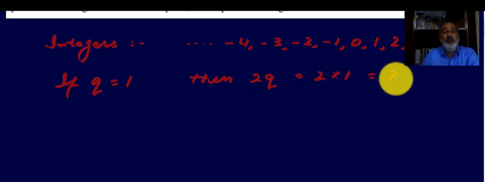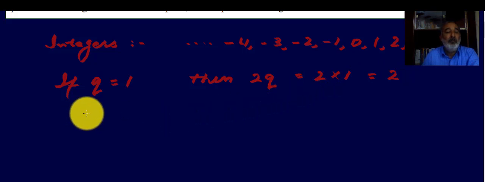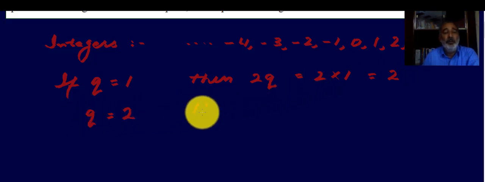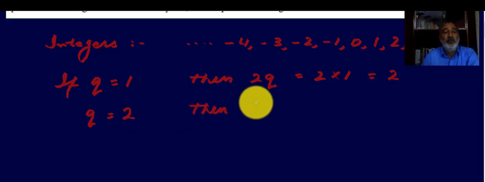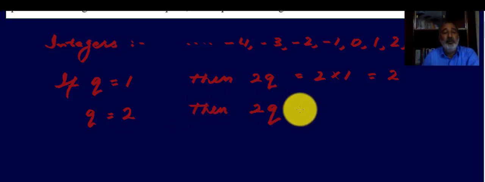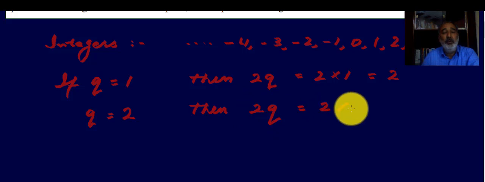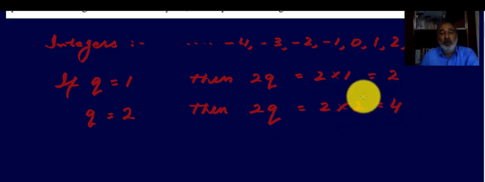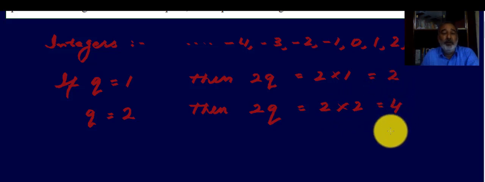It is 2. When q is 2, then 2q will be 2 multiplied by 2, that is 4. We are looking that this pattern will provide us even integers.